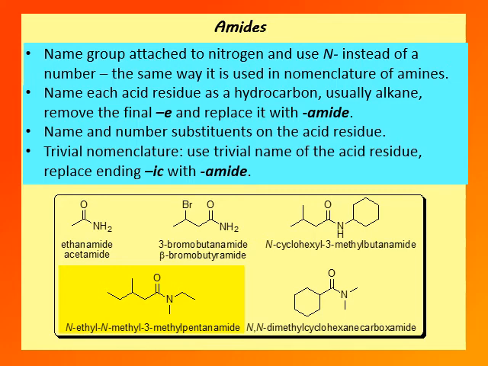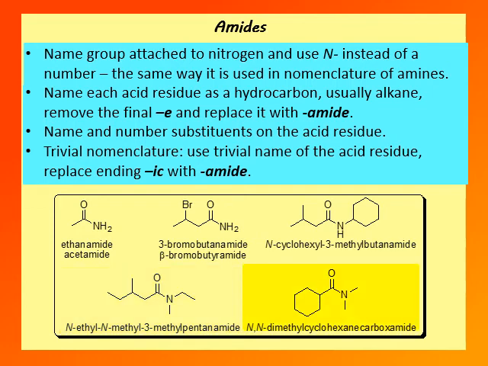Note that we cannot combine the 2 methyl groups. So we cannot list that as N,3-dimethyl. That would be wrong. Each methyl has to be listed separately. So it has to be N-methyl, 3-methyl, because they are on different parts of the molecule.